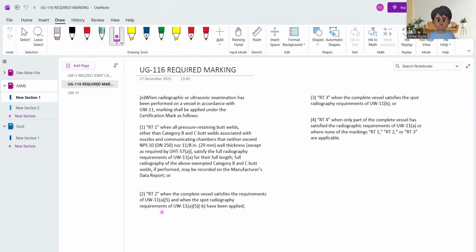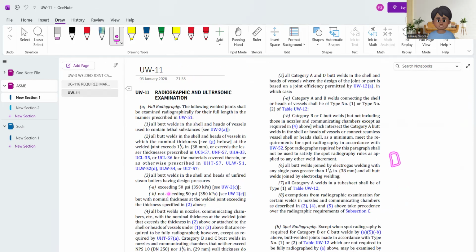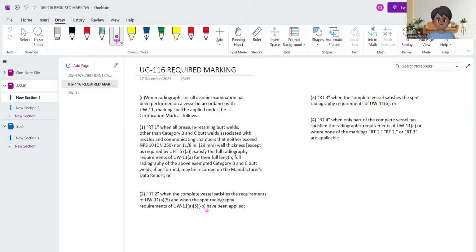Suppose there is a vessel like this, having a long seam and a circumferential seam. If we do complete radiography of the long seam, we can exempt the circumferential seam and only do the T joint, because as written, UW 11(a)(5)(b) needs to be applied.